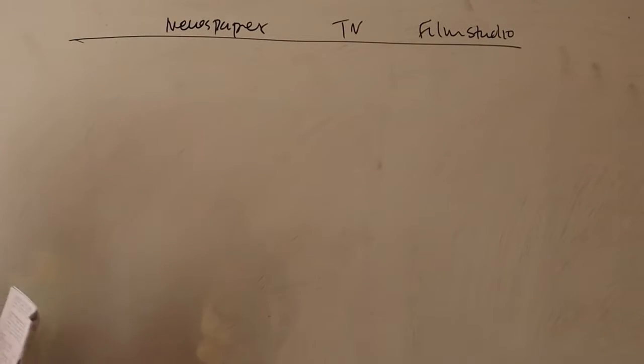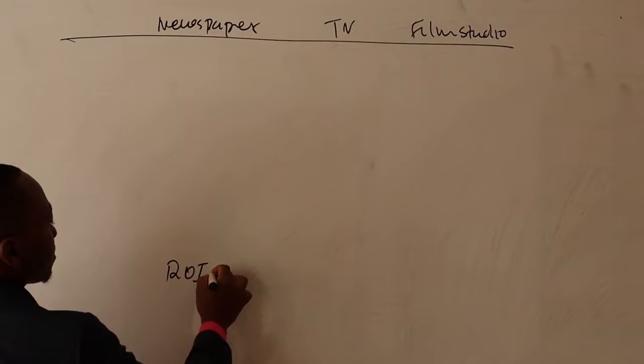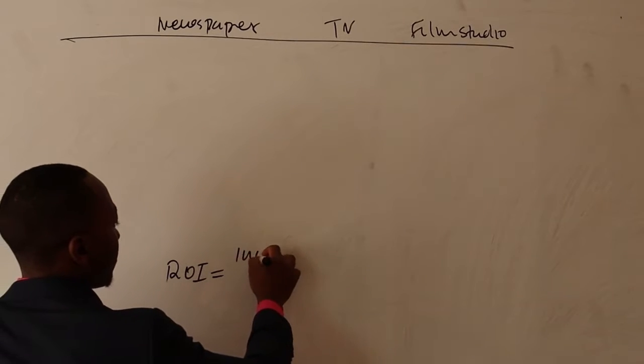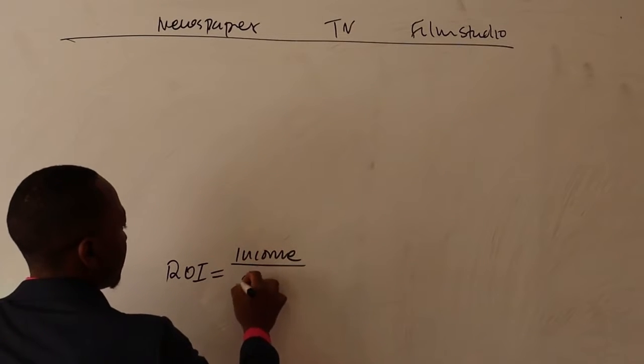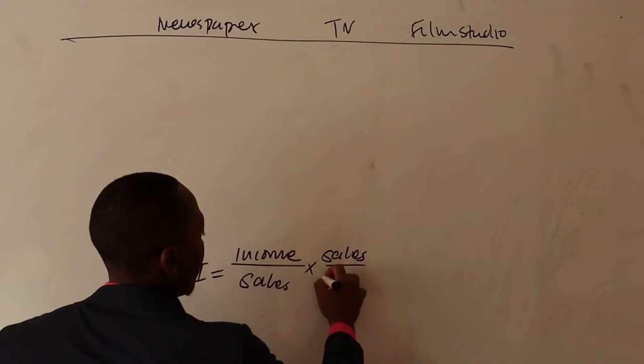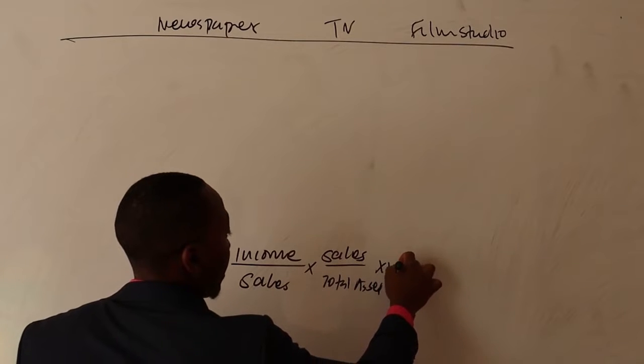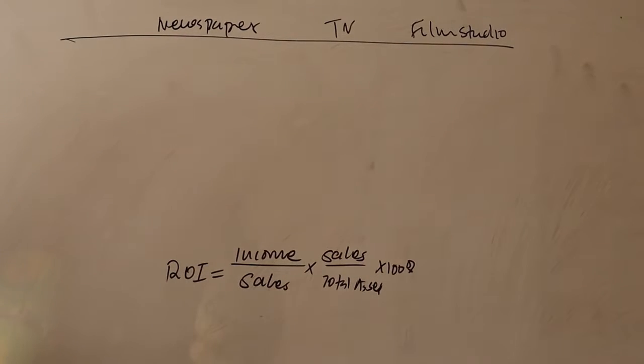So how do we compute return on investment using the DuPont? We have said that using DuPont, return on investment is income divided by sales, multiplied by sales divided by total assets, multiplied by 100%. So that's how you compute.